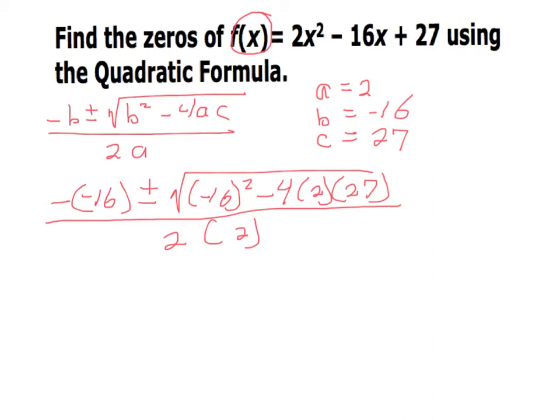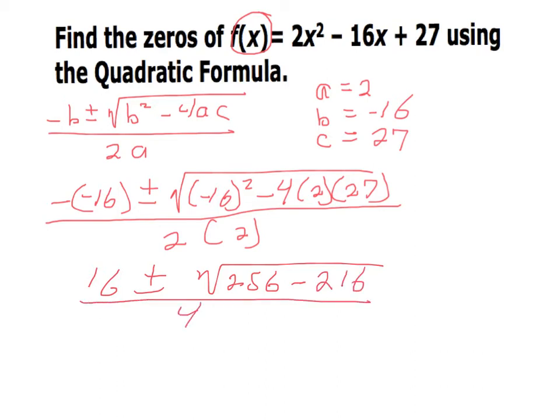So we end up with a 16 plus or minus. Now negative 16 squared is 256. Minus, and 4 times 2 times 27 is 216 all over 4, which gives us 16 plus or minus, let's see, that gives me the square root of 40.